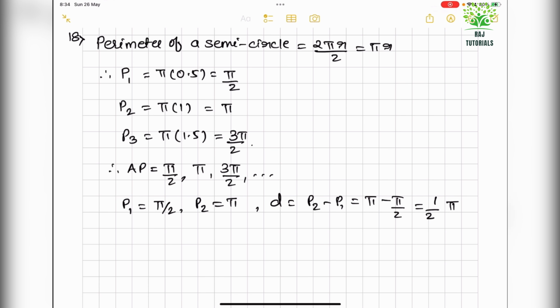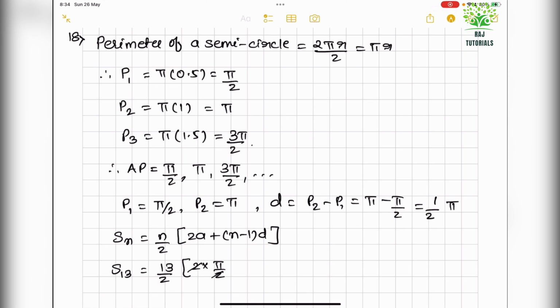Half pi. So now Sn equal to n by 2 into 2a plus n minus 1 d. So here S13 equal to 13 by 2 into 2 into a, which is pi by 2.